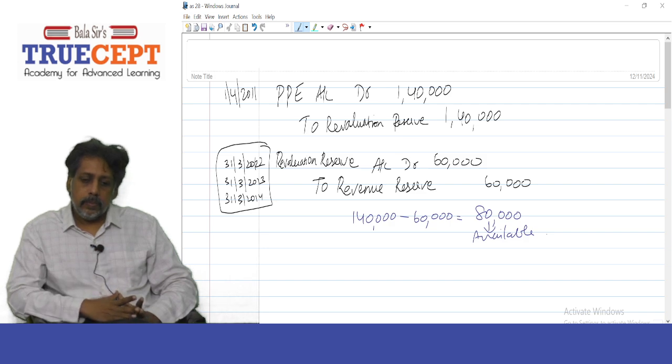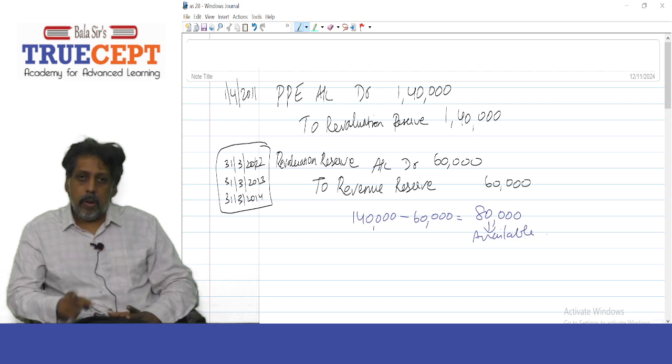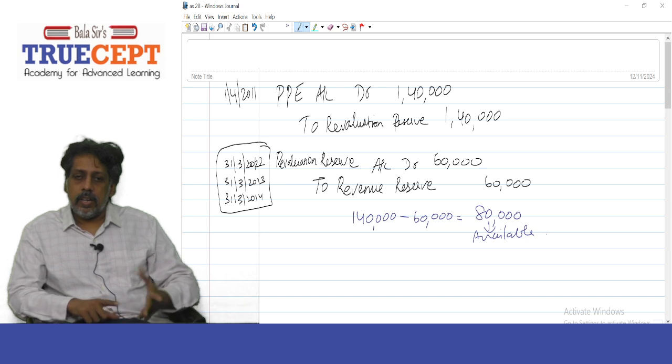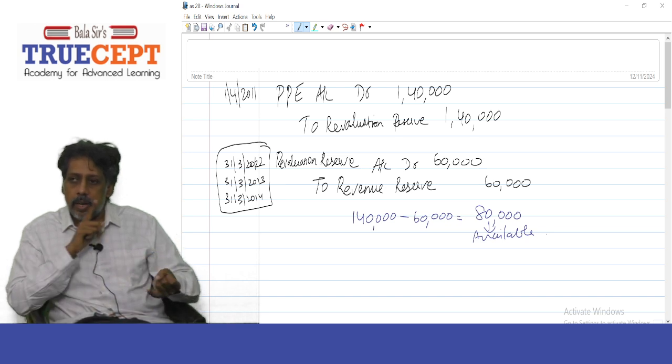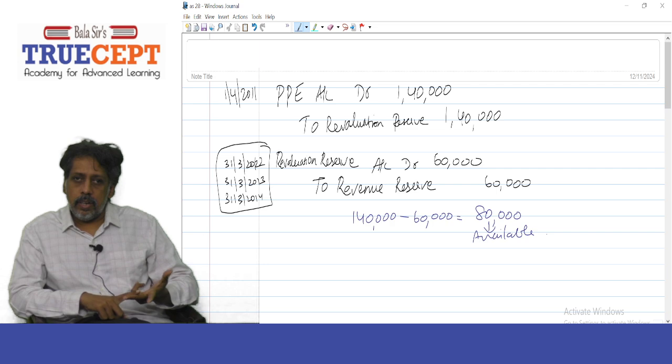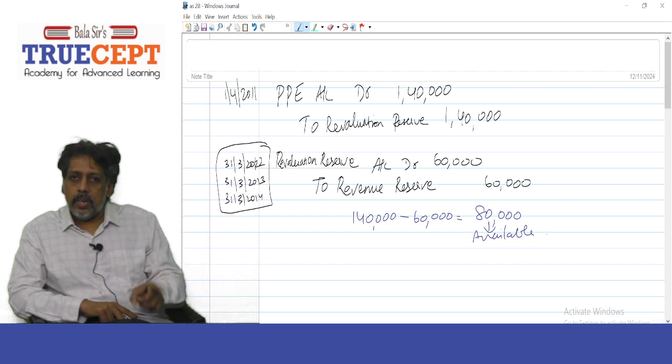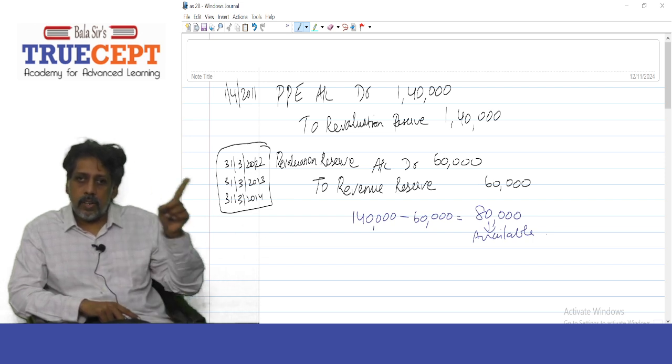Then next, 31st March 2012, 13 and 14, we are supposed to transfer the excess depreciation. What is that? That is 60,000 in total. For that, what is the entry each year end? Revaluation reserve account debit each year 20,000. For 3 years, 60,000, to revenue reserve, also known as a general reserve.